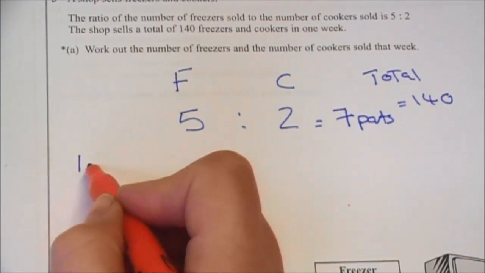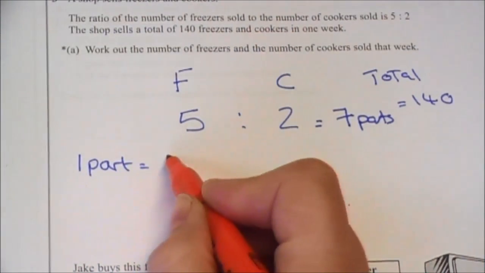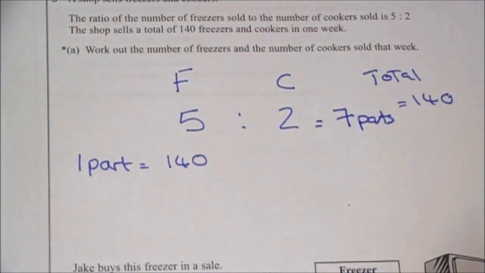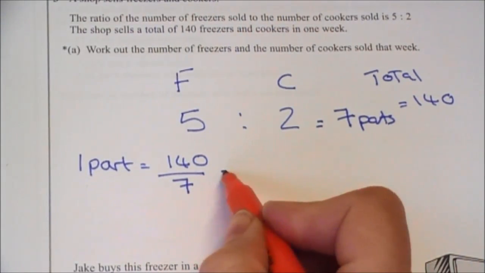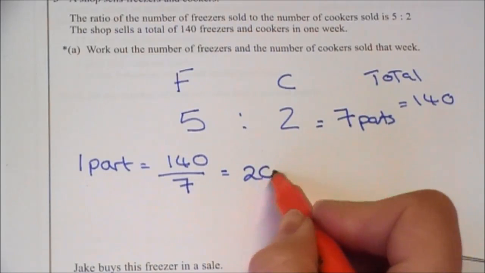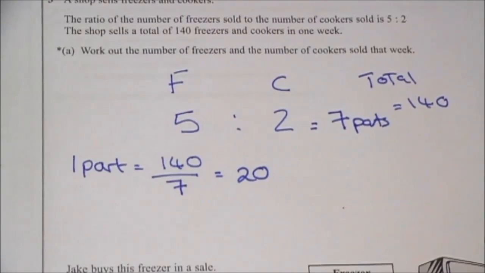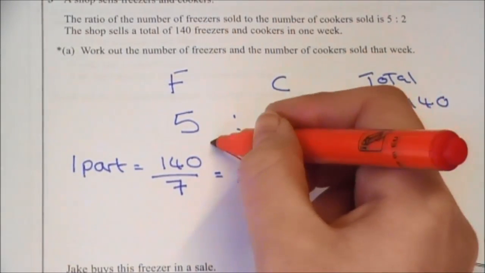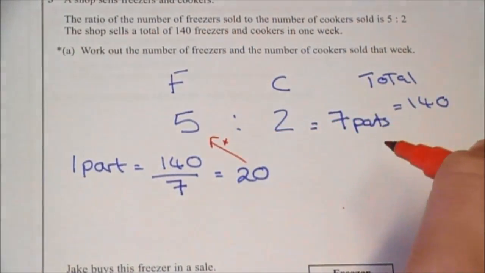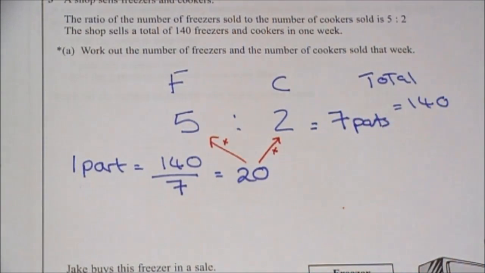So what I want to do is use a unitary method and find out what 1 part is. So 1 part equals the 140 in total divided by the 7 parts. And that tells me that 1 part is worth 20. Now, the fact that the ratio is 5 to 2 means I can multiply this 20 by 5 to find out how many freezers were sold, and multiply by 2 to find out how many cookers were sold.